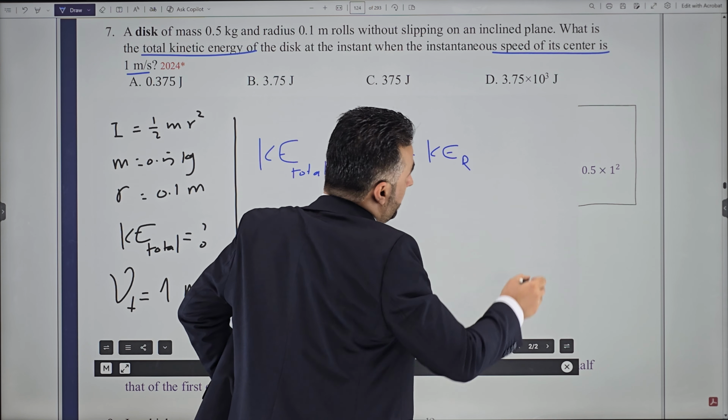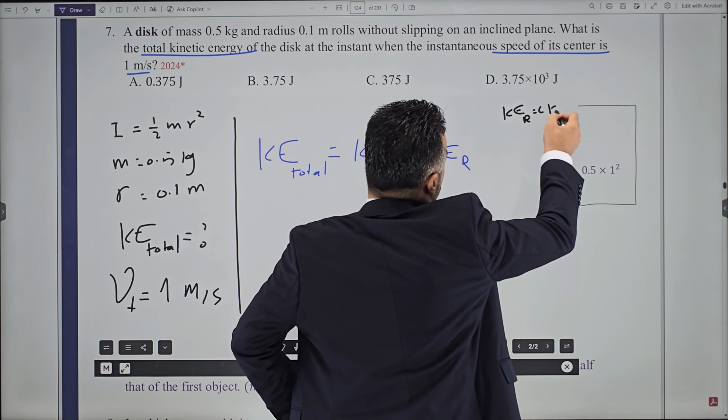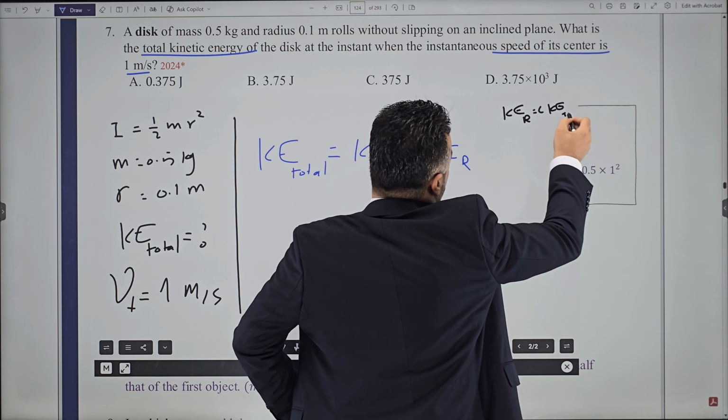But we can still use this: kinetic energy of rotation, you can write as C times kinetic energy of translation instead.